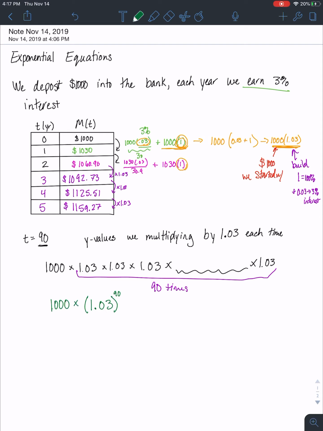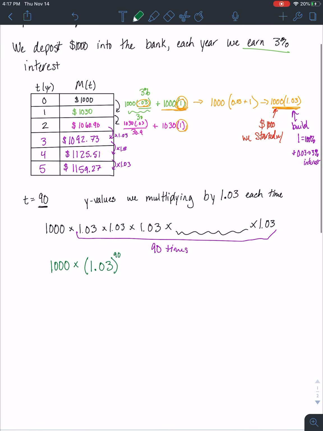That is essentially what we've been doing each of these times, but written out more generically. Since t in this case was 90, that corresponds with the 90 here, which also tells me that I can generalize this situation and think about some M of t equation, which would be starting with our $1,000 that I know that I have, multiplying by 1.03 however many times for however many years I want into the future.